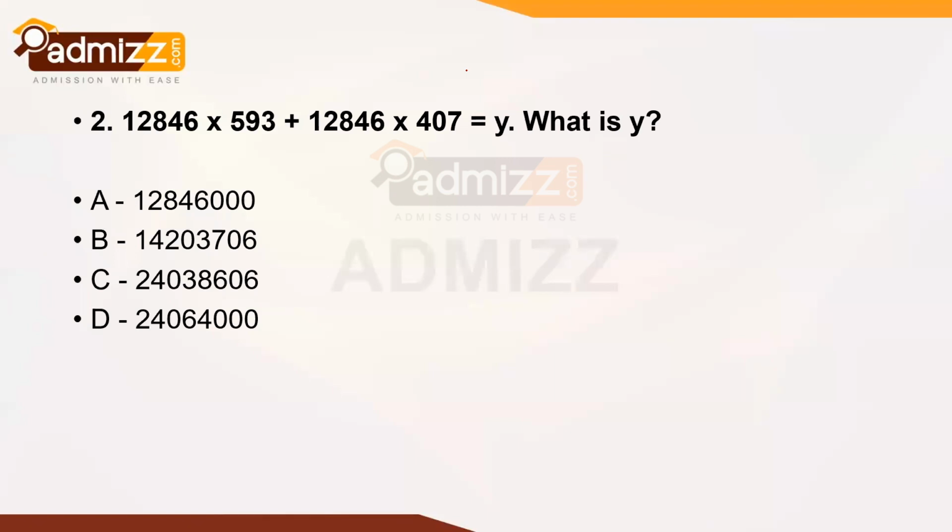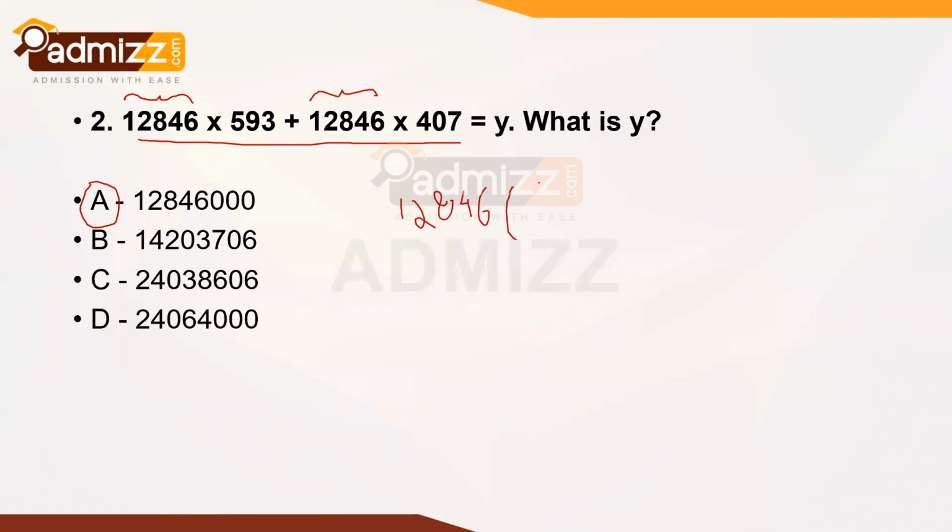You have the correct answer is, as Roshan says in the chat, option number A, right? That is because, take a look at this particular thing. We've got 12,846 common in both of these expressions, so we can factor out that 12,846 bracket.